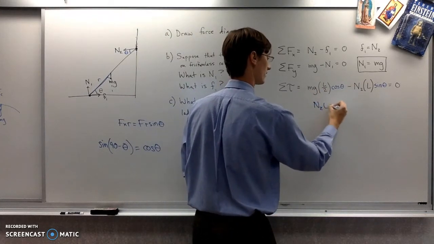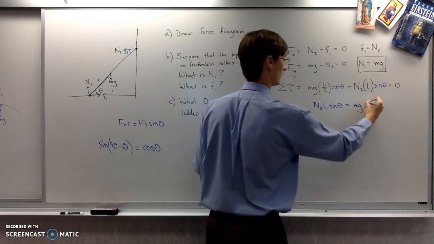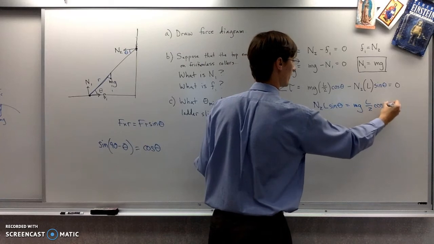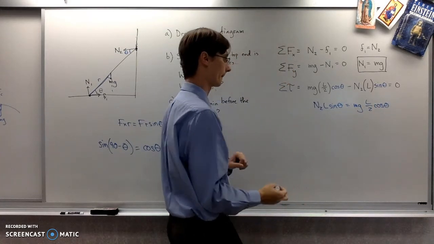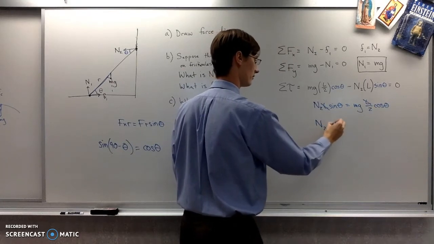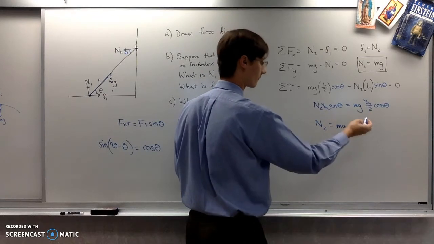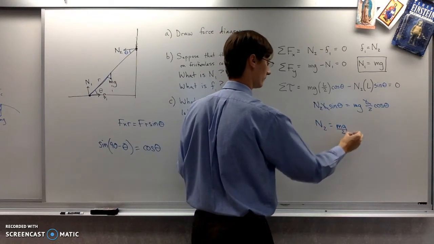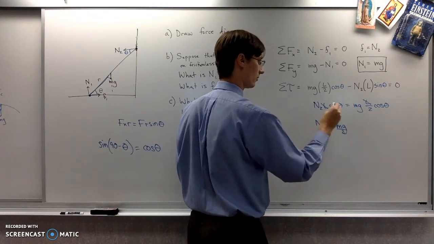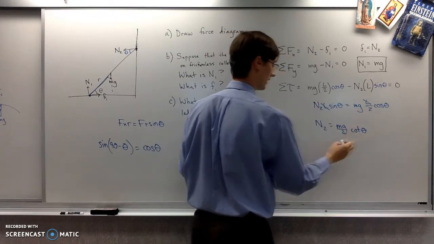N2 L sine theta equals mg L over 2 cosine theta. L cancels, and we get N2 equals mg over 2 cosine over sine, so that'll be cotan theta.